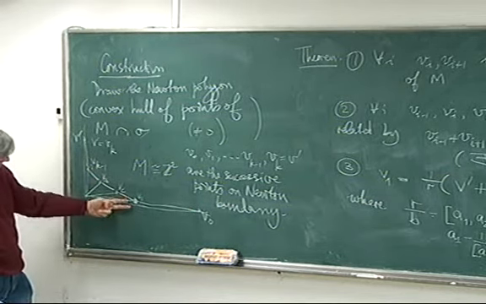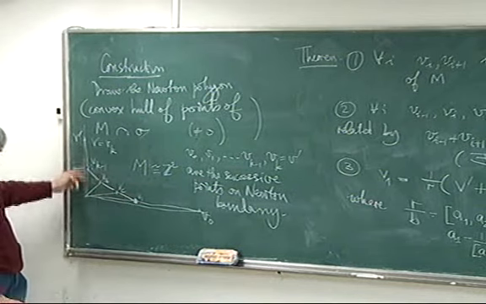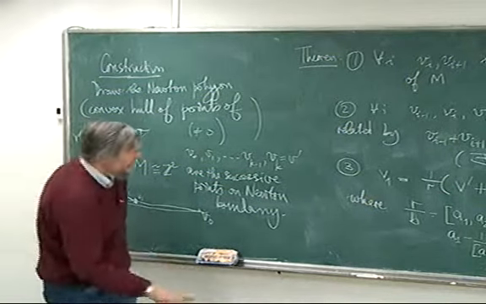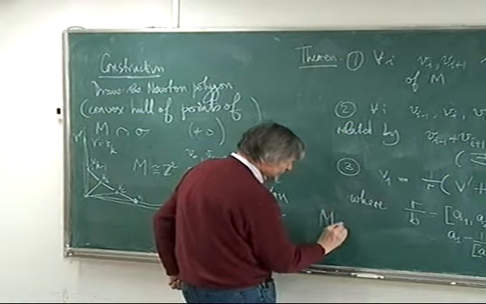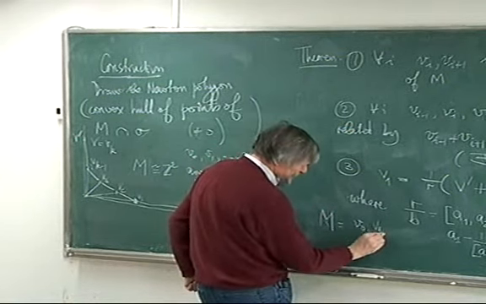The points on the Newton boundary are related like this, and then you can go back and say, oh yes, and the lattice itself is generated by V naught, V1, Vk, sorry.